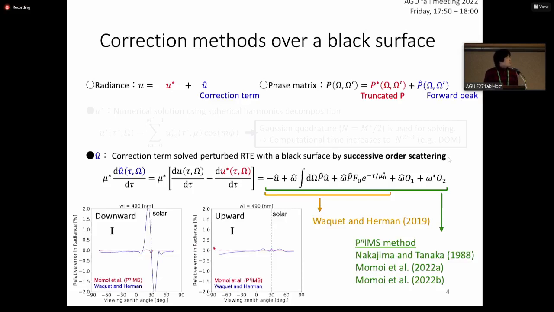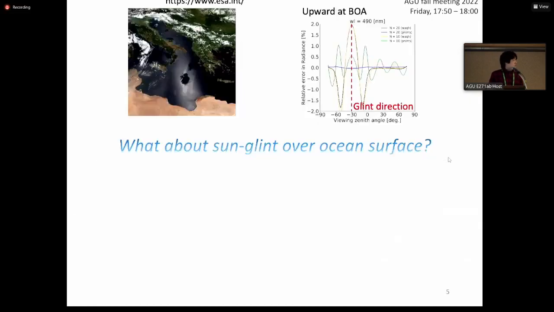So this takes into account errors of the forward peak. So then it is available for the land surface.